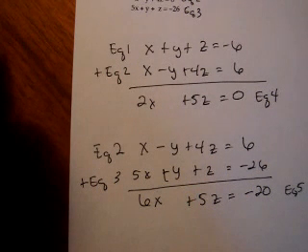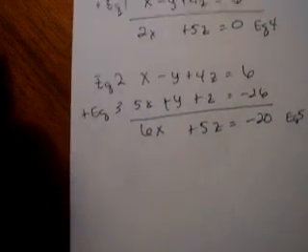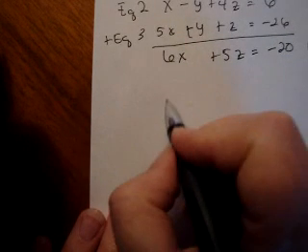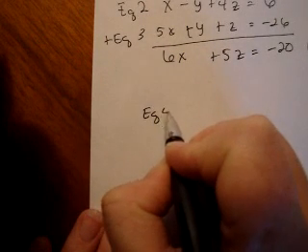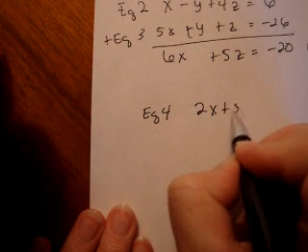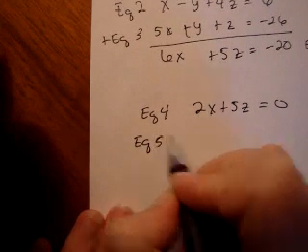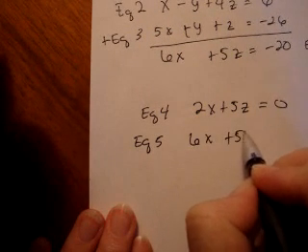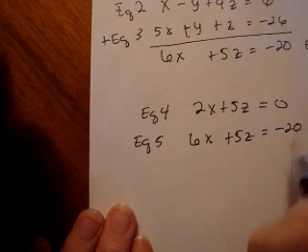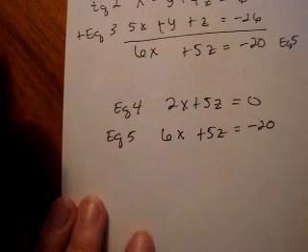Okay, so now let's look at equation 4 and equation 5. So I'm going to rewrite them below here so we can see them together. So equation 4 is 2x plus 5z is equal to 0. And equation 5 is 6x plus 5z is equal to -20. Hey!